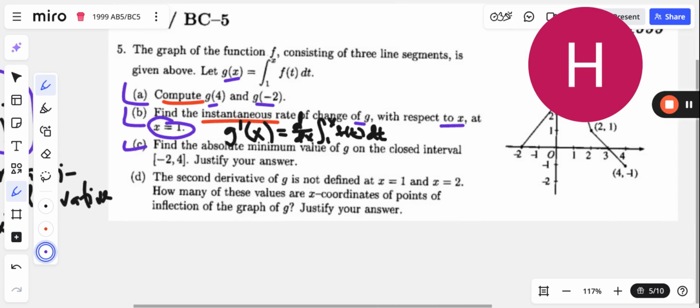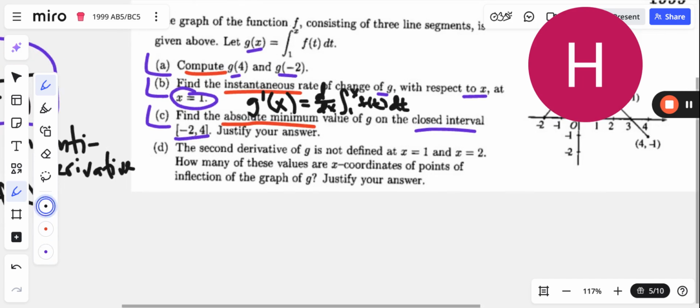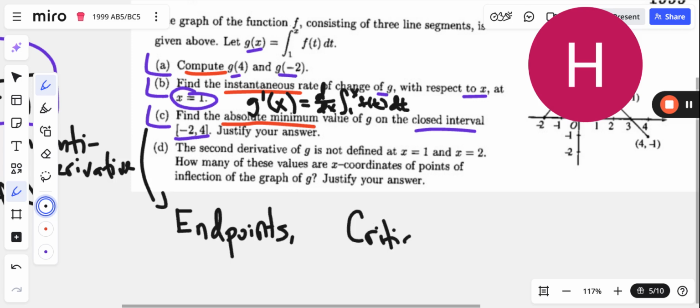Find the absolute minimum. Whenever they say absolute minimum, they oftentimes require a closed interval to be given. And so to consider this absolute minimum, we have to check endpoints or critical points. And we're asked about the absolute minimum of g.